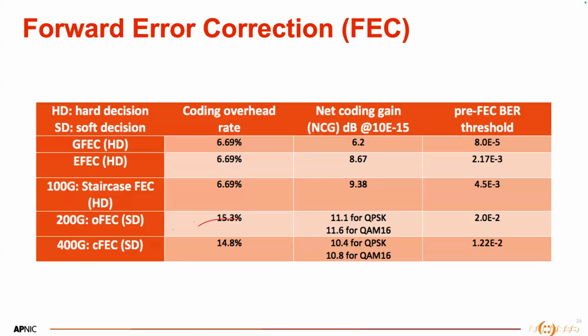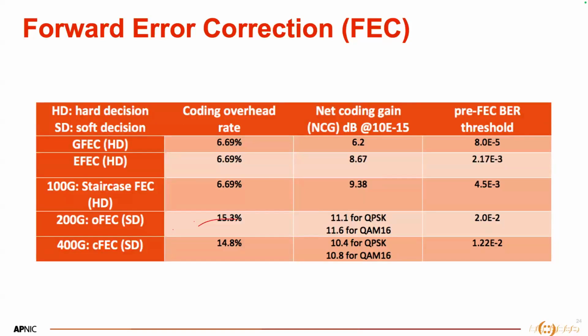On the broader scale, we divide all the FEC schemes into two categories: hard decision and soft decision, HD and SD. Soft decisions are more advanced, a newer approach, and soft decision FECs are more used nowadays.